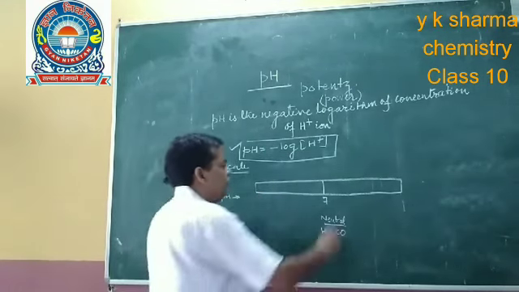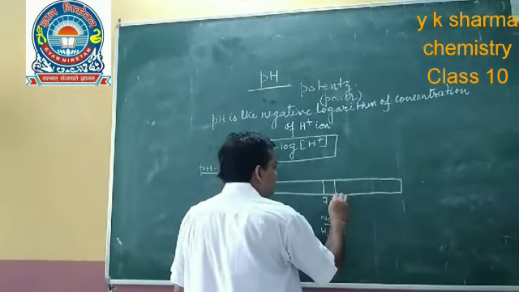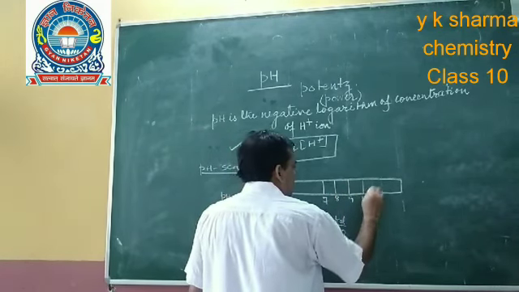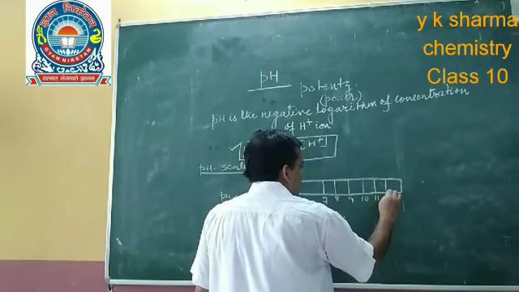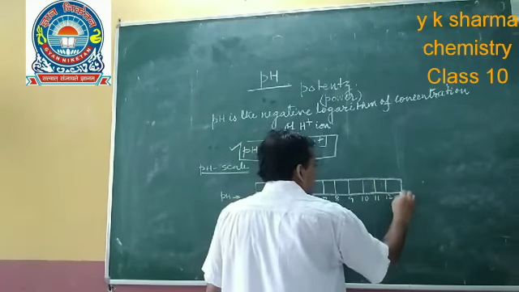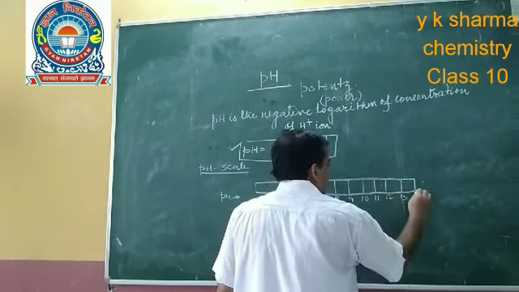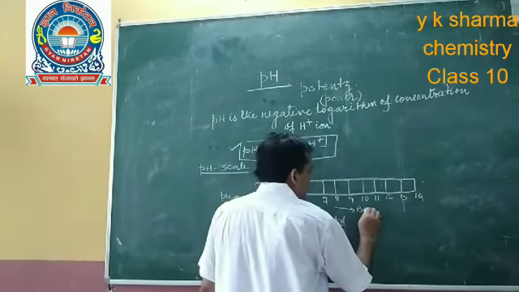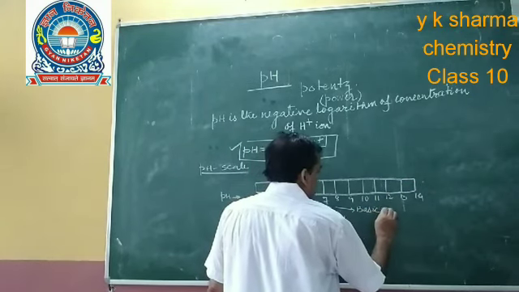Now, if the pH is 8, 9, 10, 11, 12, 13 and 14, then the basic strength will increase.